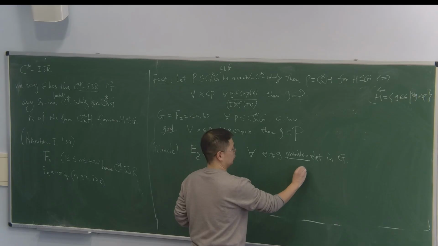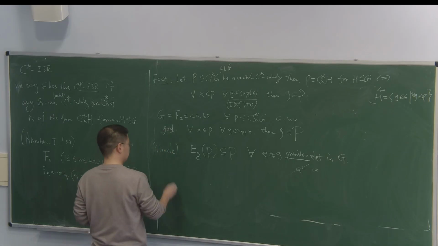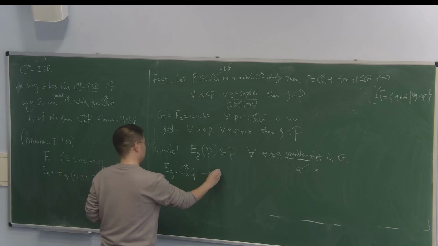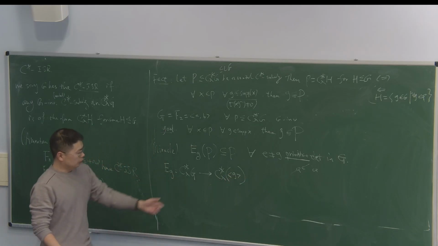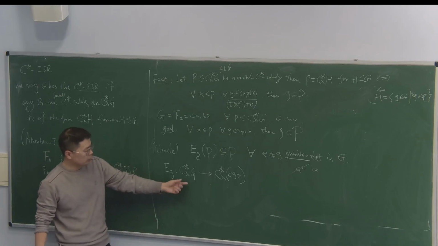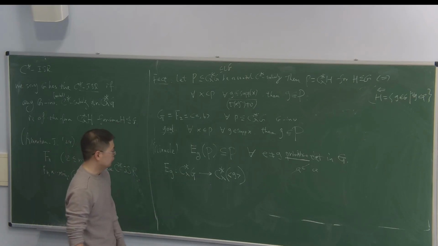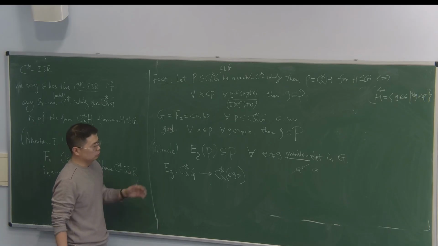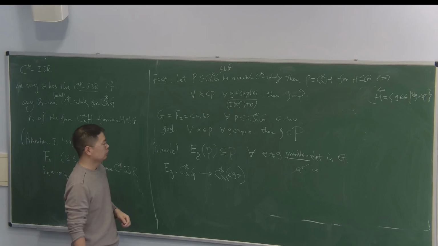So a squared is not a primitive element. a is a primitive element. Where E_g is denoted by the conditional expectation onto the cyclic subgroup generated by g. The point is that whenever you have a subgroup, you have a canonical conditional expectation onto this subgroup. So this is the tool we use to replace the conditional expectation onto P.